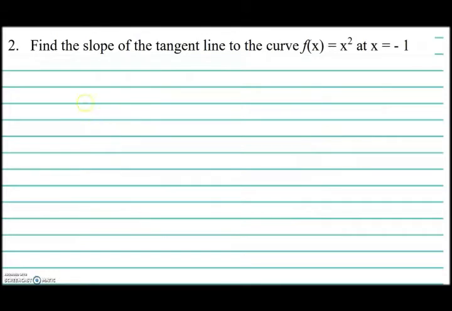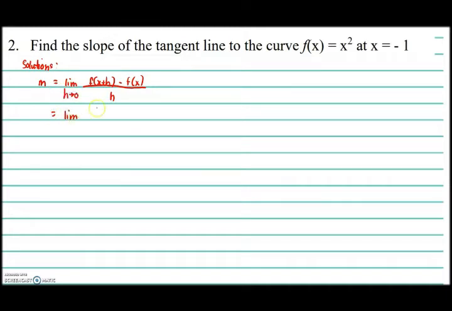Okay, let's proceed to the next example. Find the slope of the tangent line to the curve f of x equals x squared at x equals negative 1. So we know that to find the slope of the tangent line, we use slope is equal to the limit of f of x plus h minus f of x all over h as h approaches 0.